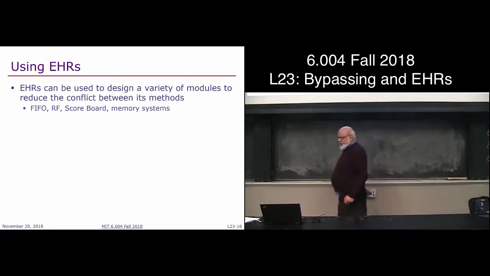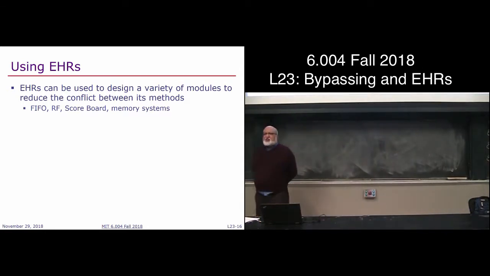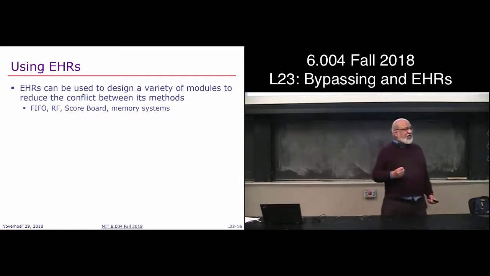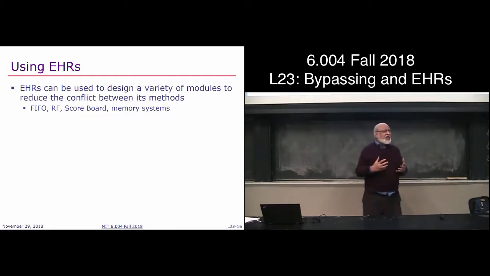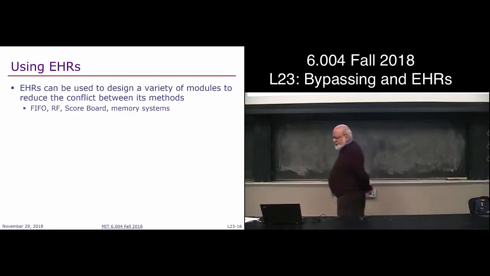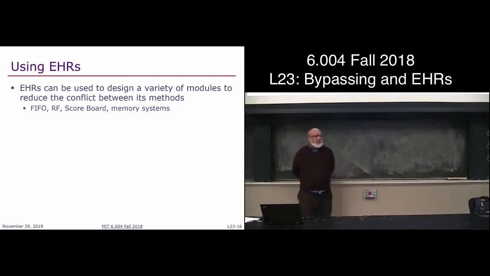Now, what I have shown you so far is actually interesting: I can take these modules and derive many derivative modules which have the same functionality, but different concurrency properties, which is extremely useful for designing these systems. And this idea can be applied to many different things. I just showed you two examples, FIFOs and register file.